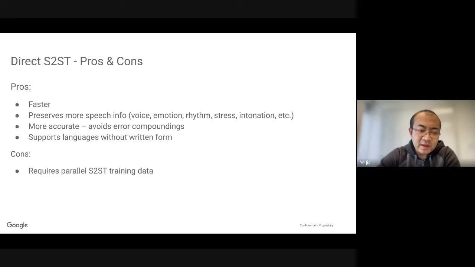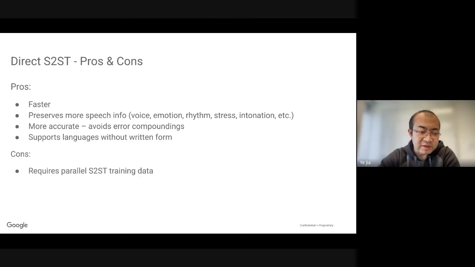And thirdly, because there's less cascading, such models potentially have better translation quality by avoiding error compounding. And last but not least, such models are capable of supporting languages without a written form. There are about 7,000 languages being spoken in the world today, and more than half of them have no written form.